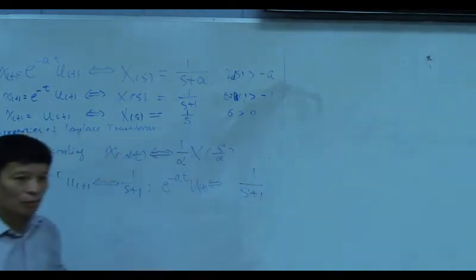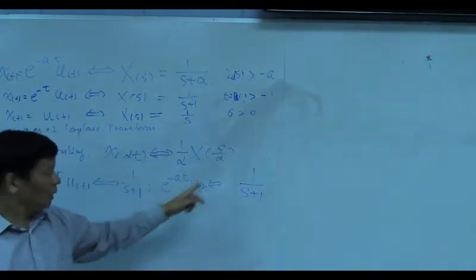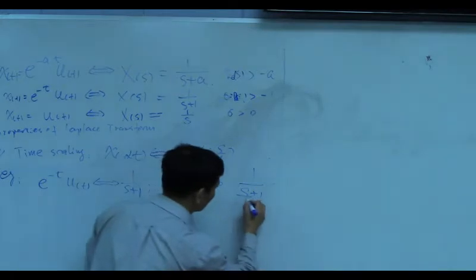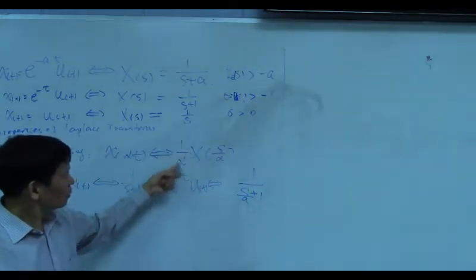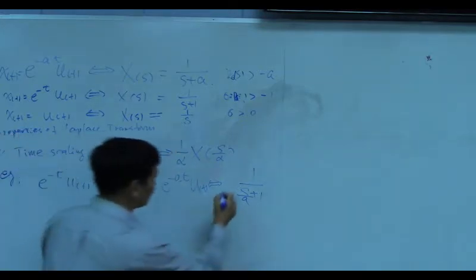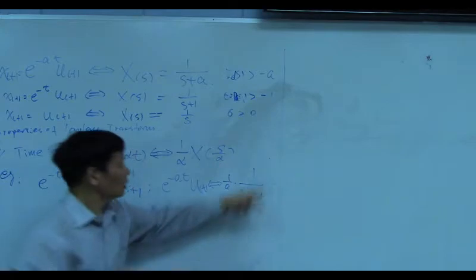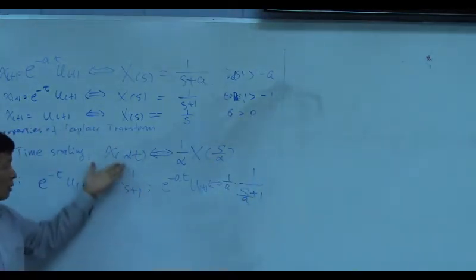But we are going to replace this s with s over a, so that will equal this. Is that enough? No, we still need to divide by a here. This is the Laplace transform of this one by this property.